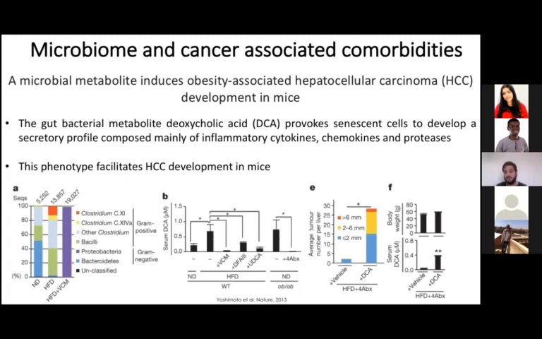This particular phenotype then facilitates the development of hepatocellular carcinoma. And they show that mice that were fed a high-fat diet had more Clostridium species, together with other bacilli.